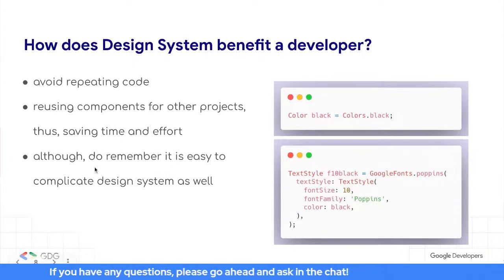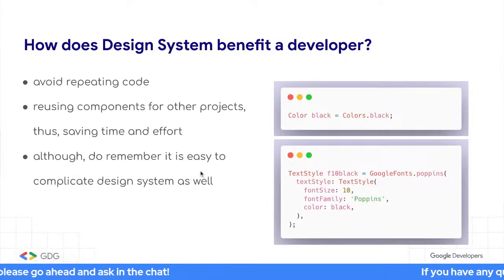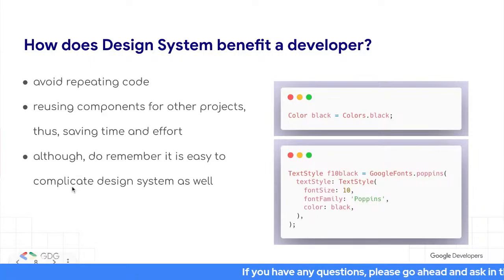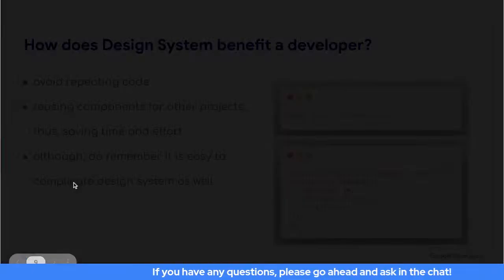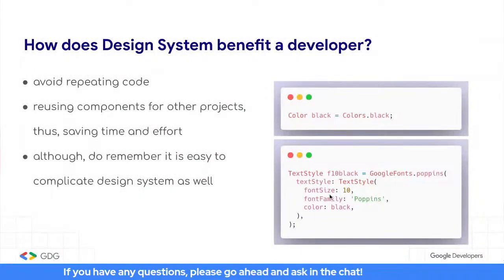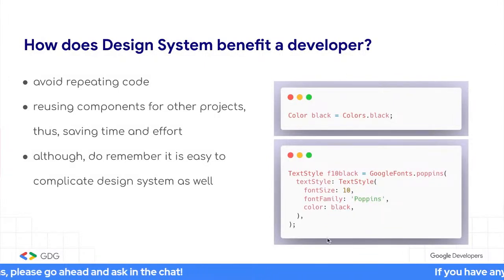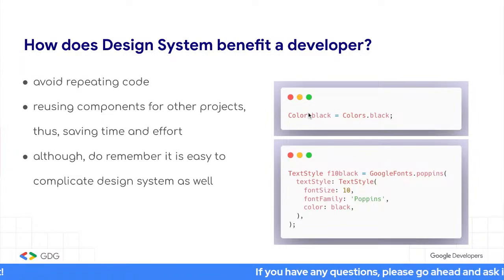And also, one important thing that we need to note is that when we do it this way, it is very easy to complicate the design system. That is because we have to understand that everything here is like a flow model. The F10 black depends on this black color.